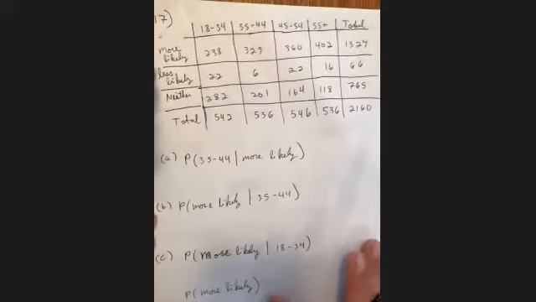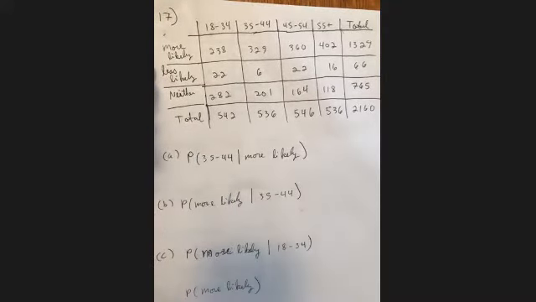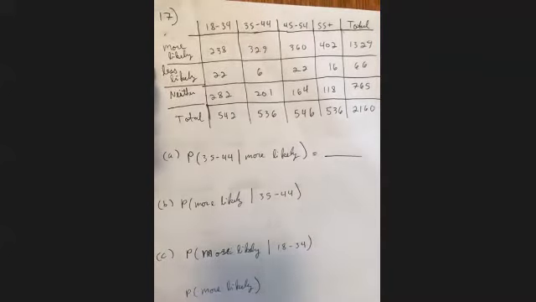So the first thing it wants is us to compute part A, the probability that an individual is 35-44 given they are more likely. All right. So the way to think about this is when we have a given or a condition, it's sort of like we're pre-sorting the survey group according to the condition.